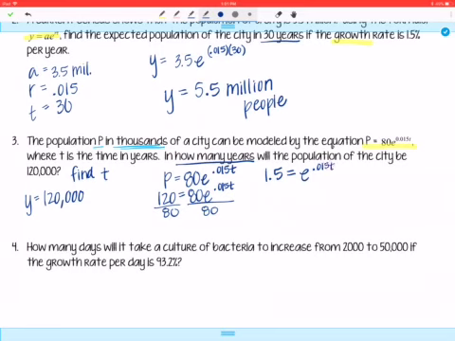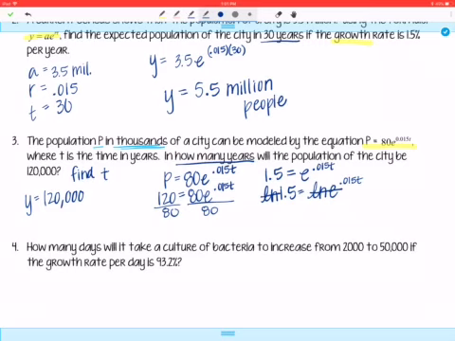Okay, now we talked yesterday about how to rewrite and solve equations with base E. So if I take the ln of both sides, because the only way I can get rid of the E is natural log. So ln of 1.5, ln of E to the 0.015t. All right, natural log cancels, okay?